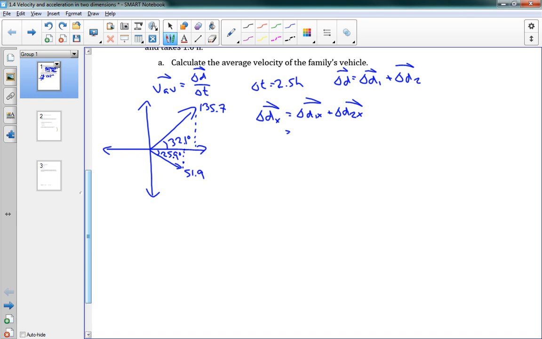Okay, so we're going to be talking about 135.7 cosine 32.1 degrees. And that's in our positive direction. It's facing right. So we'll do the second one, which is also positive, 51.9 cosine 25.9 degrees. Good. This gives us a result of 161.64 kilometers east.